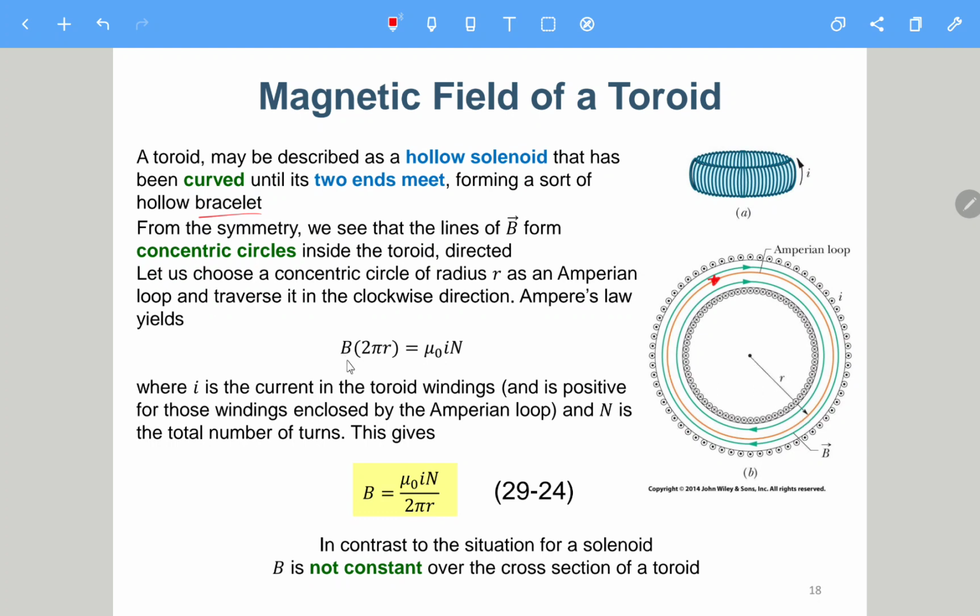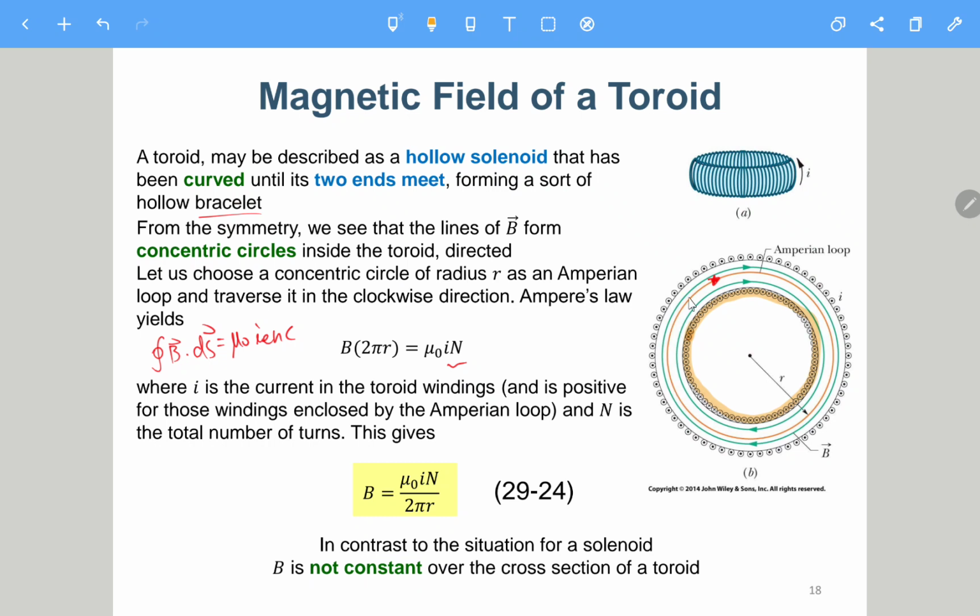On the left side, from the integration of B dot ds equals mu 0 I enclosed, as always it is B times 2 pi r, and on the right side mu 0 I enclosed. So here we have mu 0 I times capital N. Be careful, this is capital N, the total number of turns, because for this Ampere loop the enclosed current only includes this.